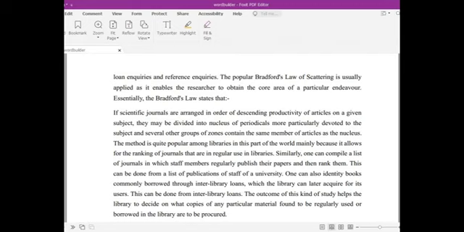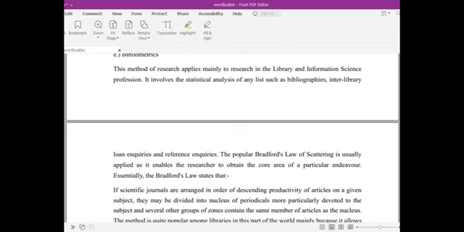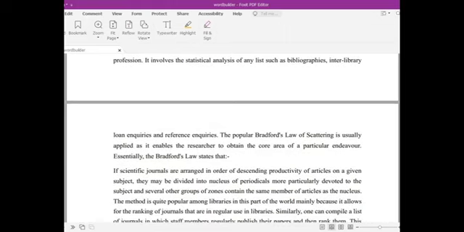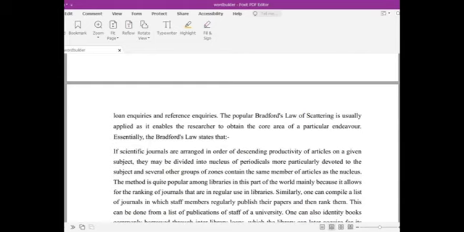So with this arrangement, it's arranged in order of descending productivity, how productive each particular article is.